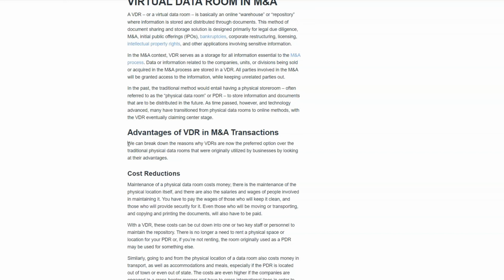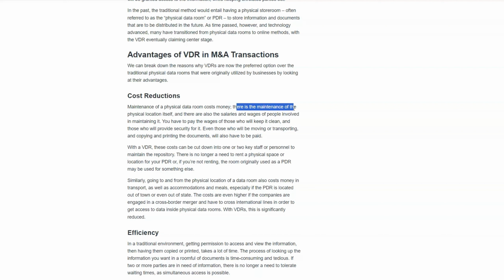Cost reduction. Maintenance of a physical data room costs money. There is the maintenance of the physical location itself, and there are also the salaries and wages of the people involved in maintaining it.